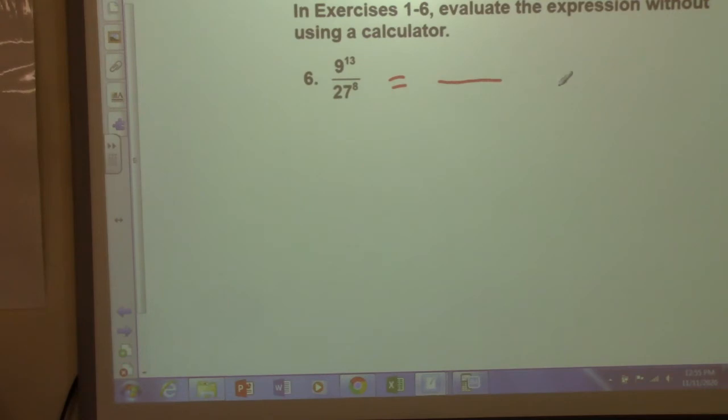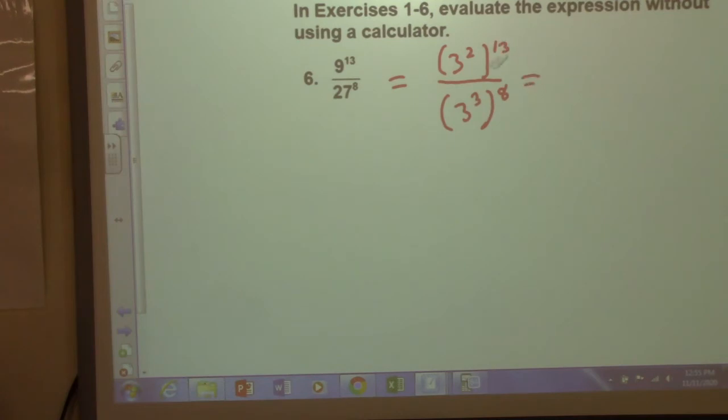So Carmen, did you get this one? 3 to the power of 3 is 27. So Carmen says 3 to the power of 3 is 27, right? So we can raise that to the 8th, and what about this one here? 3 to the power of 2, to the power of 13, so 13.